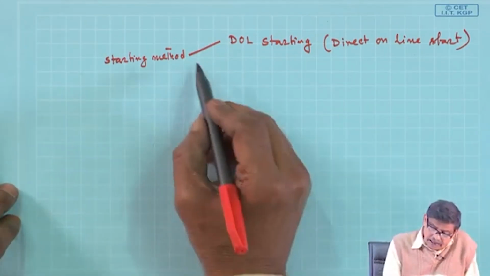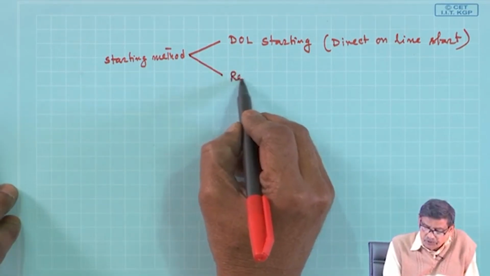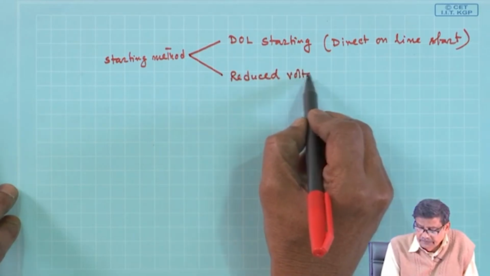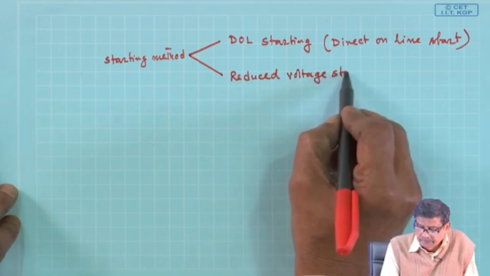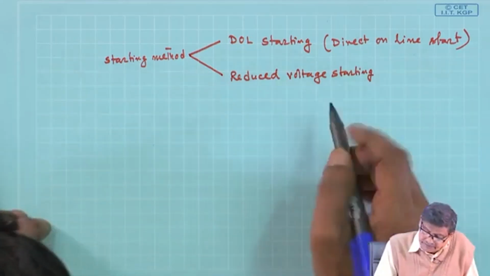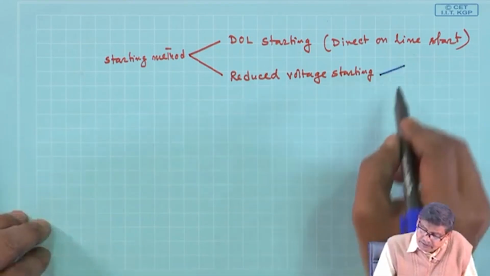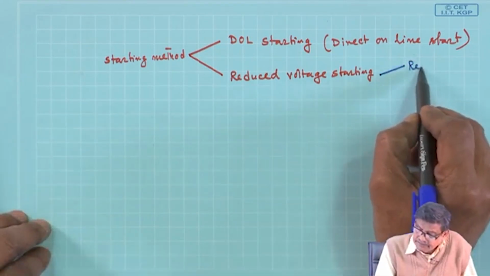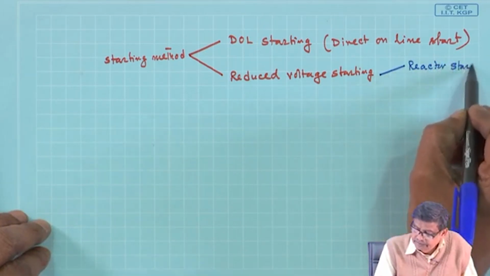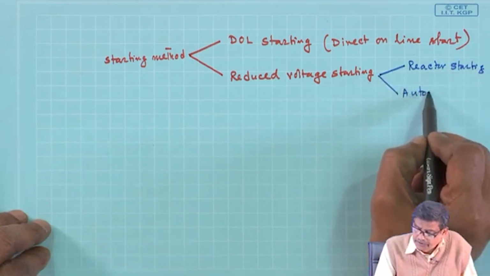Another is reduced voltage starting. Okay, do not apply full voltage, then reduced voltage starting. And this reduced voltage starting can have various things. One of the things is what is called reactor starting, and another popular method is auto transformer starting.